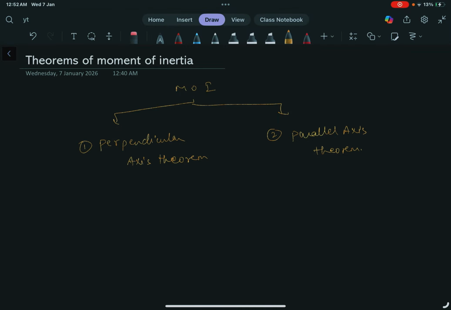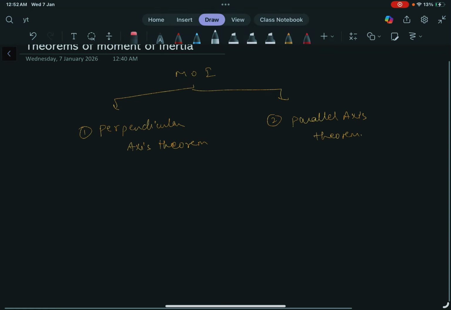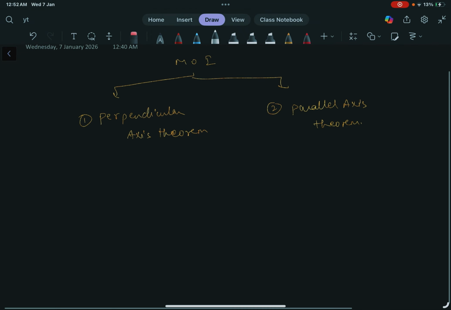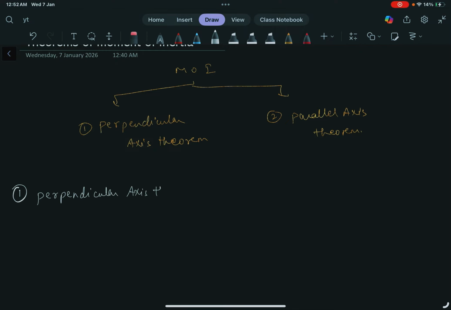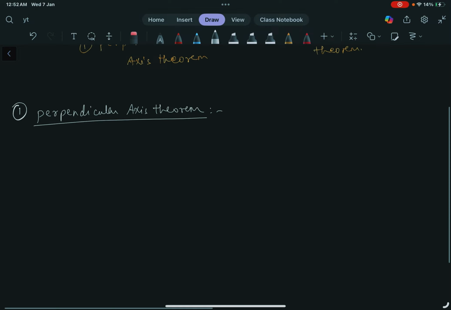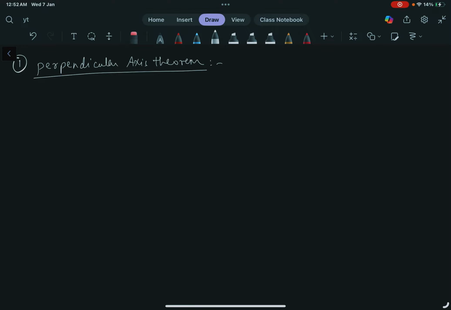First of all, I am discussing the perpendicular axis theorem. So what is the perpendicular axis theorem? Firstly, I discuss the theory part.